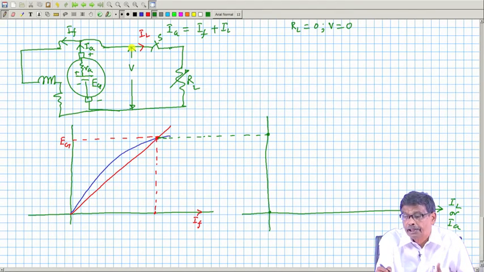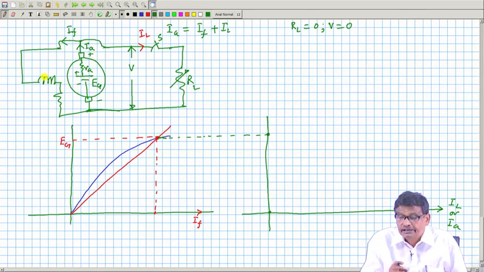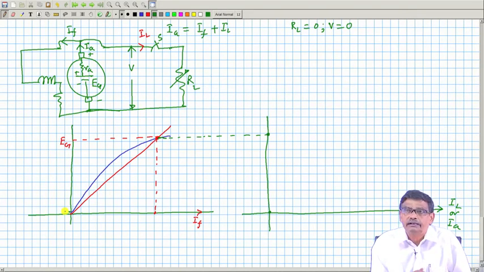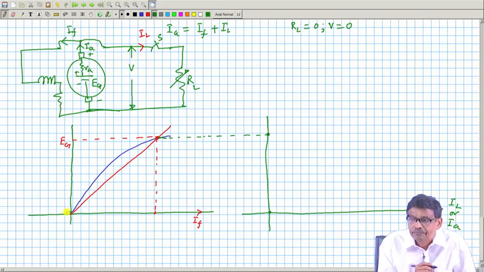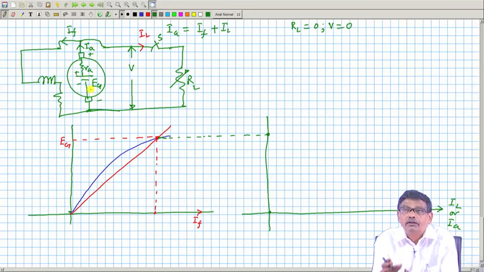If somebody makes this terminal voltage shorted, then voltage existing between these 2 points is bound to be 0, and thereby IF will drop down to 0. If IF is 0, how much is the generated voltage? Very little, because only residual field will generate the voltage, which is very small, this much, and Eg will drop down to a very low value.